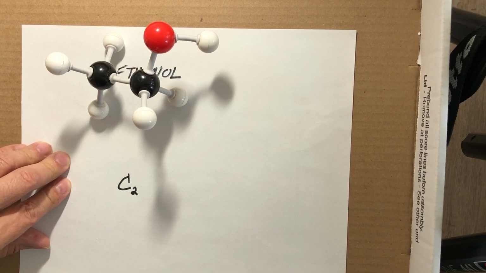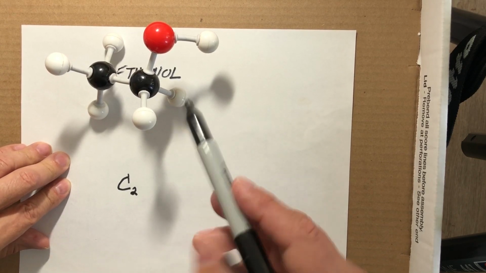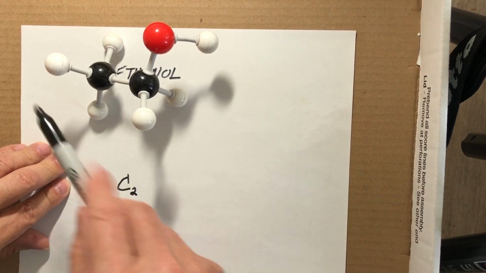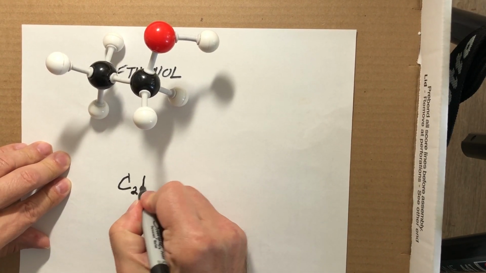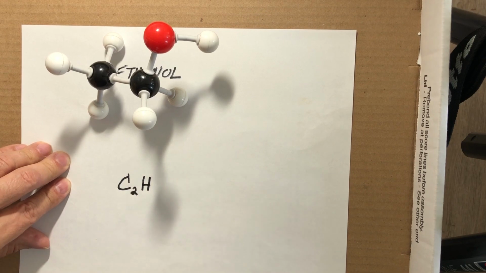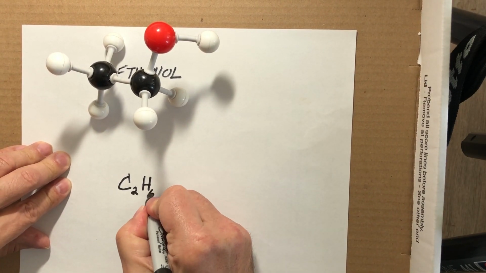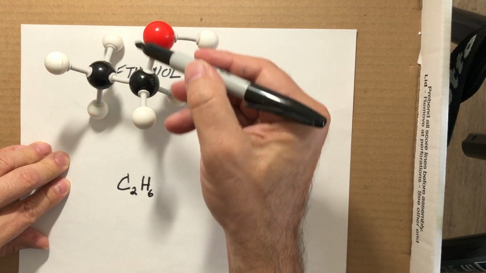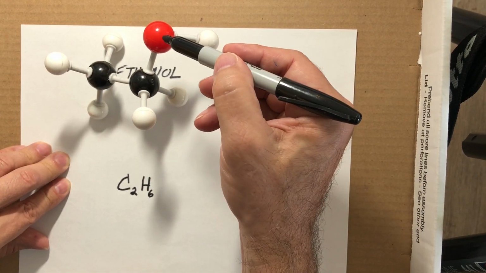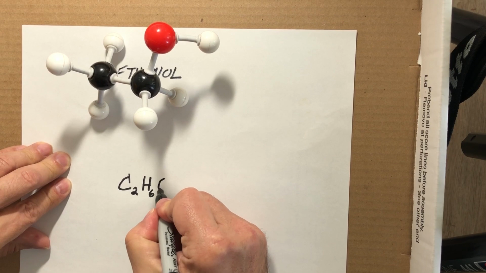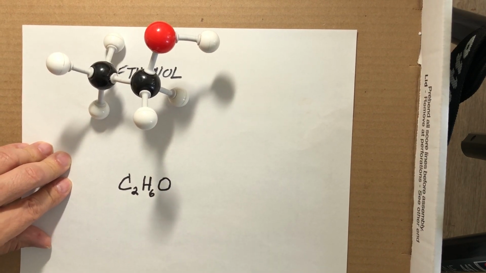And let's count up the H's first. 1, 2, 3, 4, 5, 6. So H is the symbol, we can get that off the periodic table, of hydrogen, and there were 6. And the remaining unaccounted for atom is O. And there's just one of those.